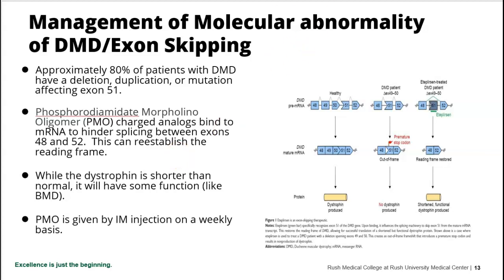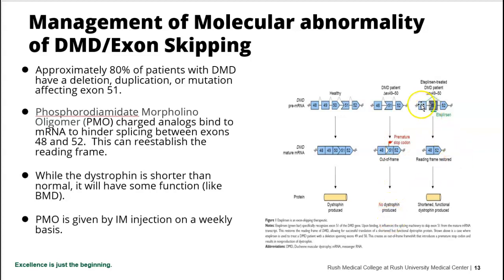So here's normal dystrophin. You've got all your exons, you splice them together, and then you make your dystrophin. But when we make our RNA and we splice them together, if there's a problem at 51, it results in being out of frame and a premature stop codon, and we get no dystrophin.